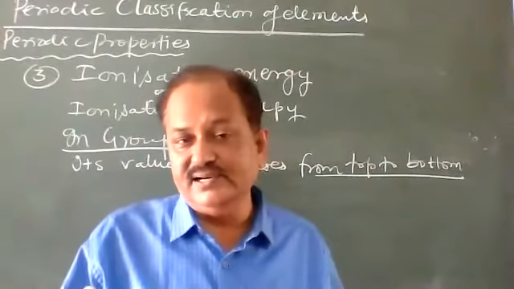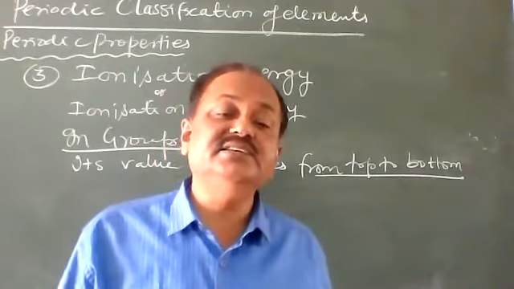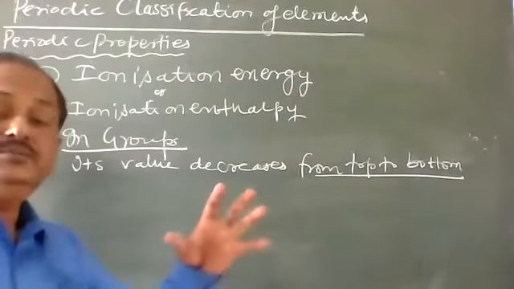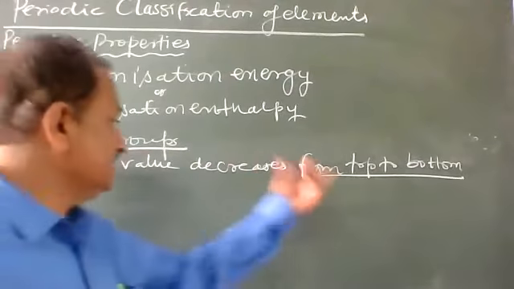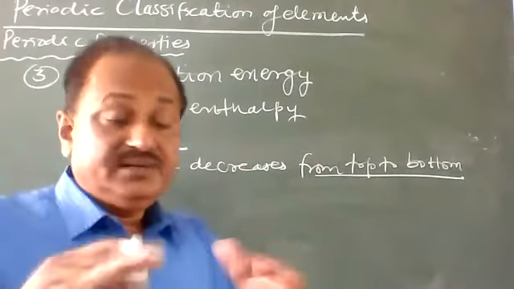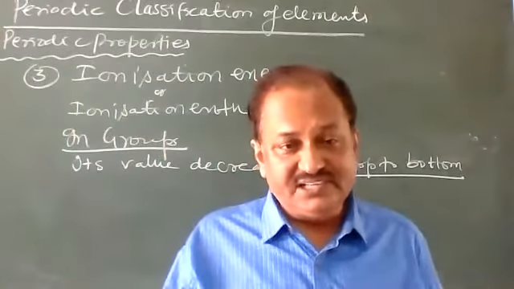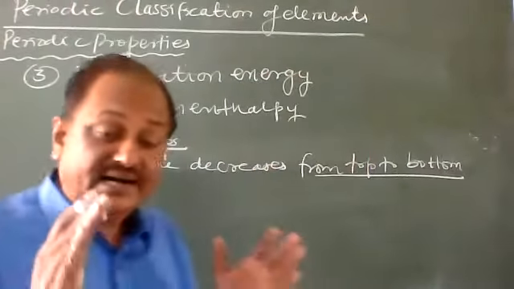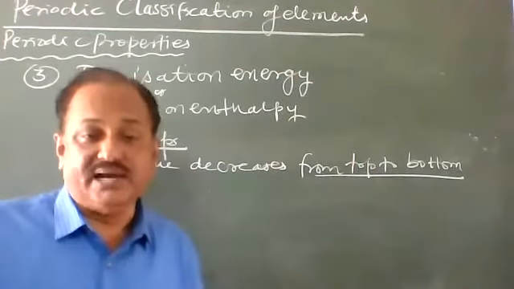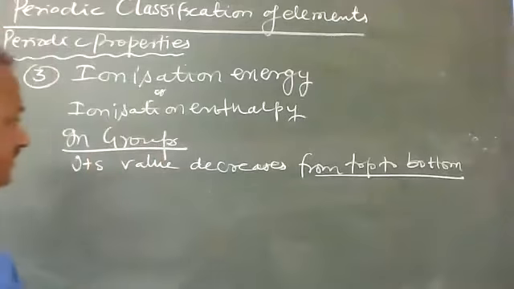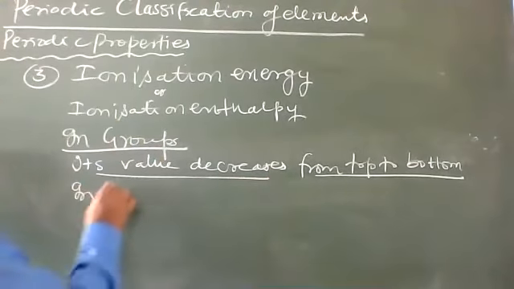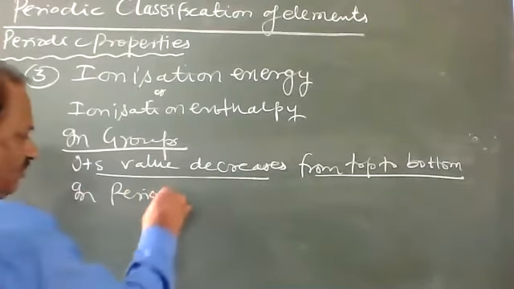Atomic size expands and less energy is required to remove the electron. As atomic size expands because the nucleus is unable to attract the electrons strongly, less energy will be required, and as a result, its value decreases down the group.